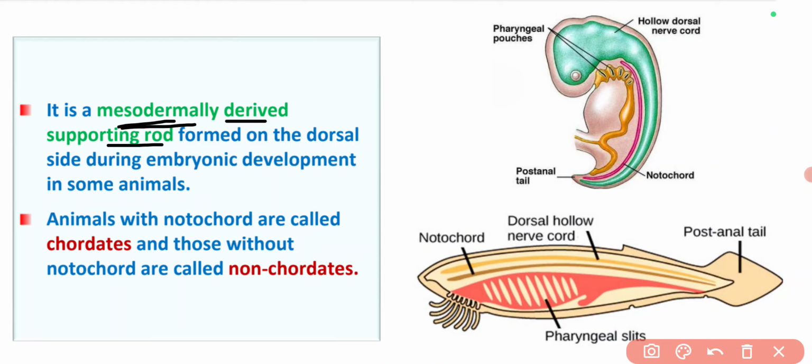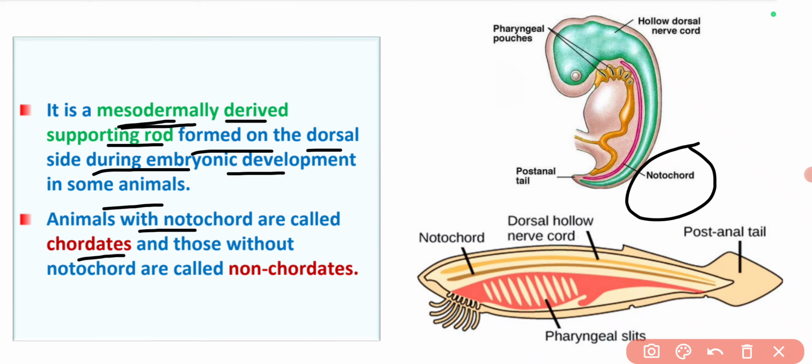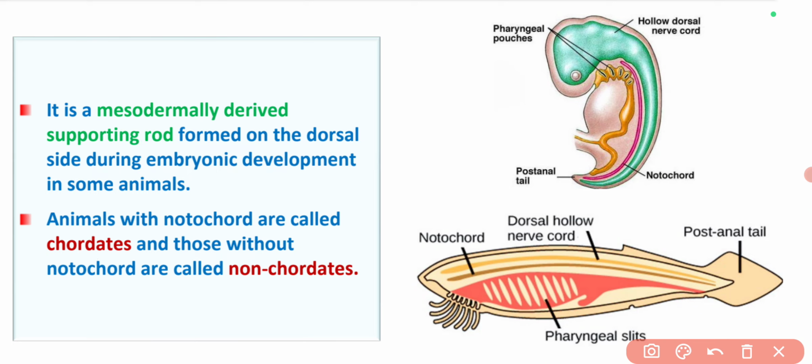You can see the notochord, a supporting organ in animals. Animals with notochord are called chordates, and those without notochord are called non-chordates.